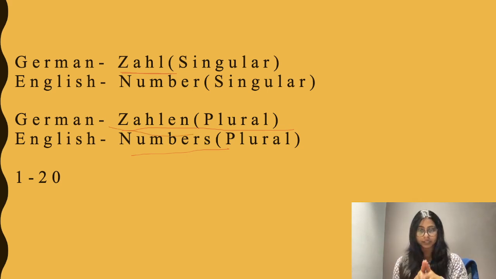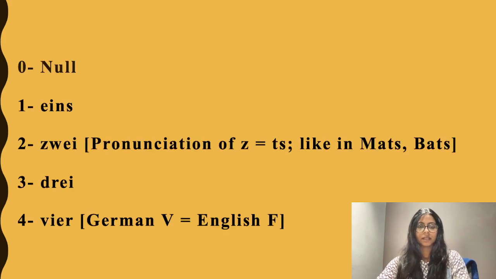Remember, you have to listen and repeat. So here we go. Starting from 0, we say null, 1 we say eins.